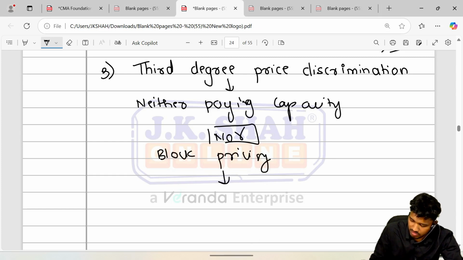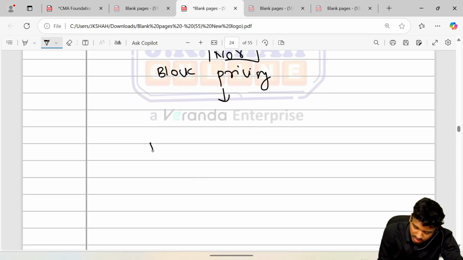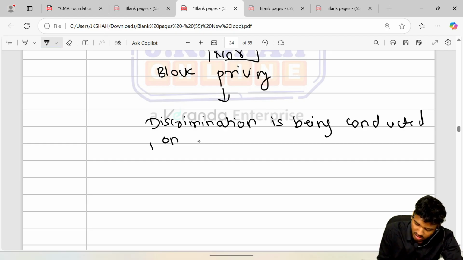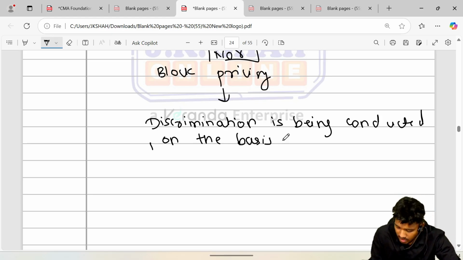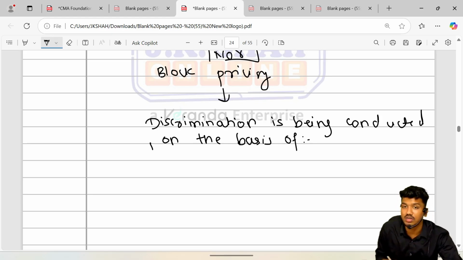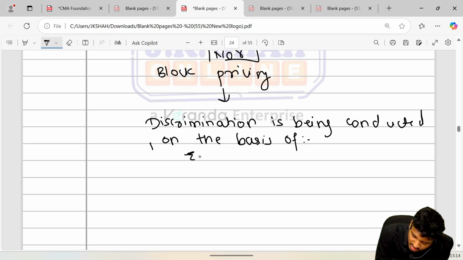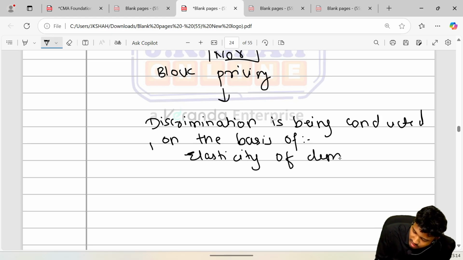Here the discrimination is being conducted on the basis of elasticity of demand for a product.